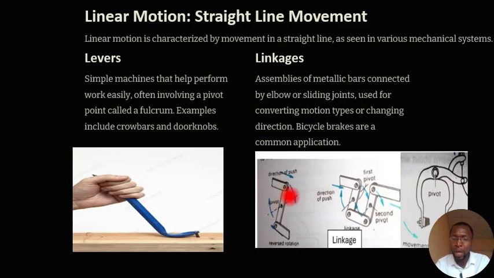Now, what happens in linkage is as this bar here is moving front and back on a straight line, the other bar moves up and down on a straight line, and then the third bar here moves back and forth also along a straight line, exhibiting linear motion. So these are the typical examples of machine that exhibit linear motion.